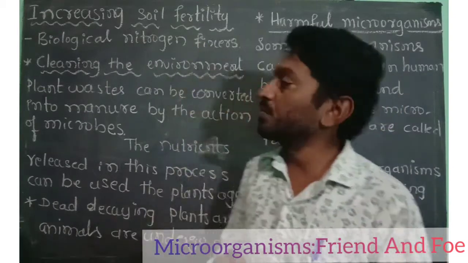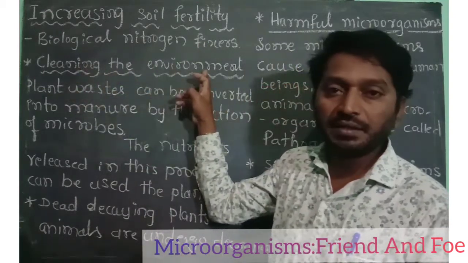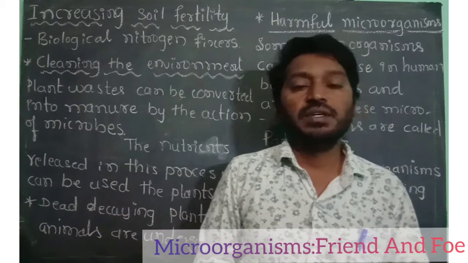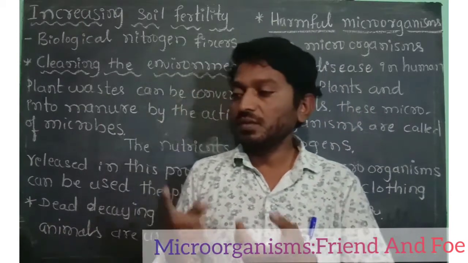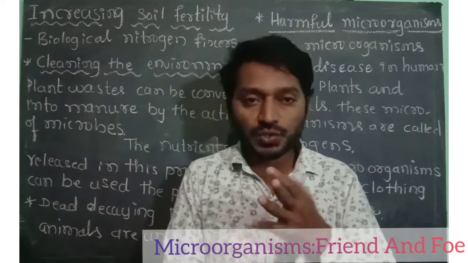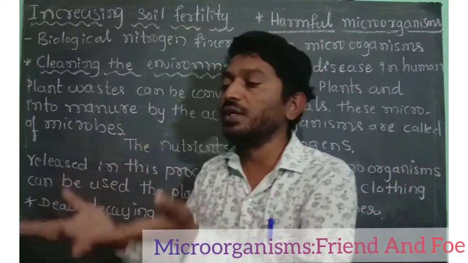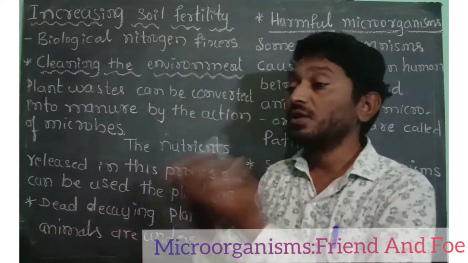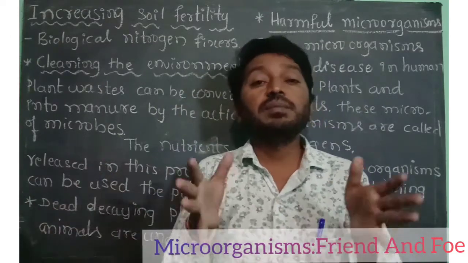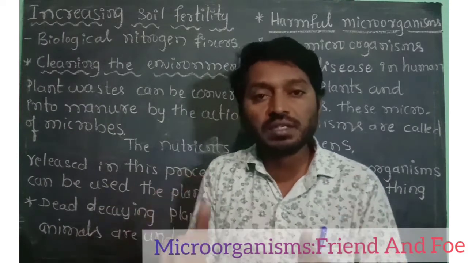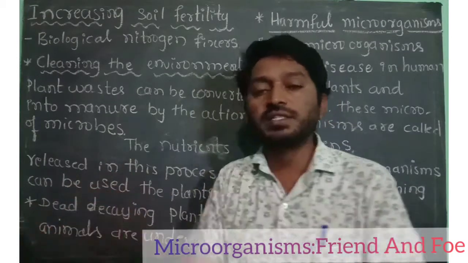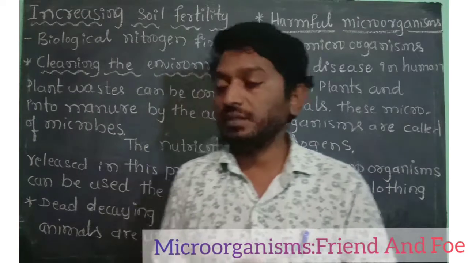The next concept is cleaning the environment. How? In everyday life you might have seen spoiled vegetables, grass, papers, fruits, many substances that we throw outside. Some people collect all the spoiled food particles and spoiled materials in one place, which is called a pit.